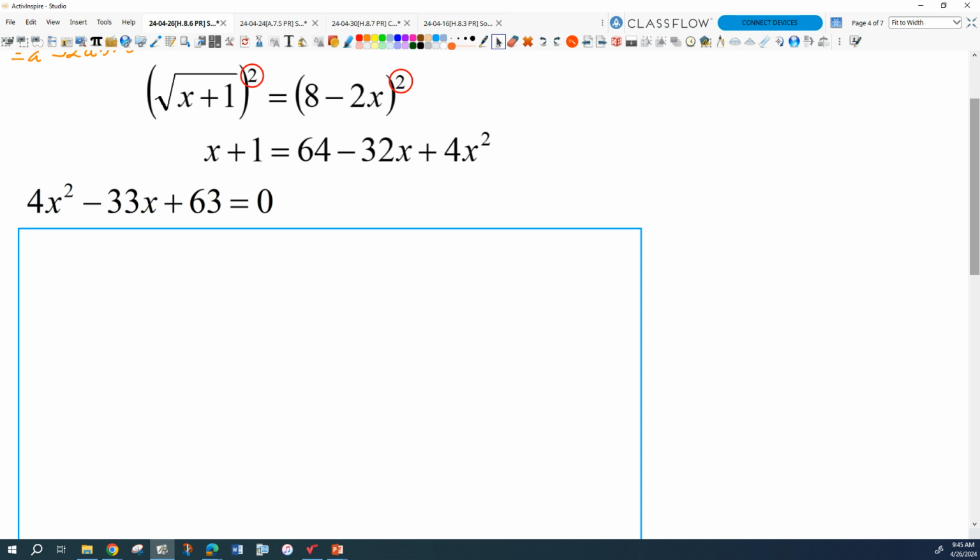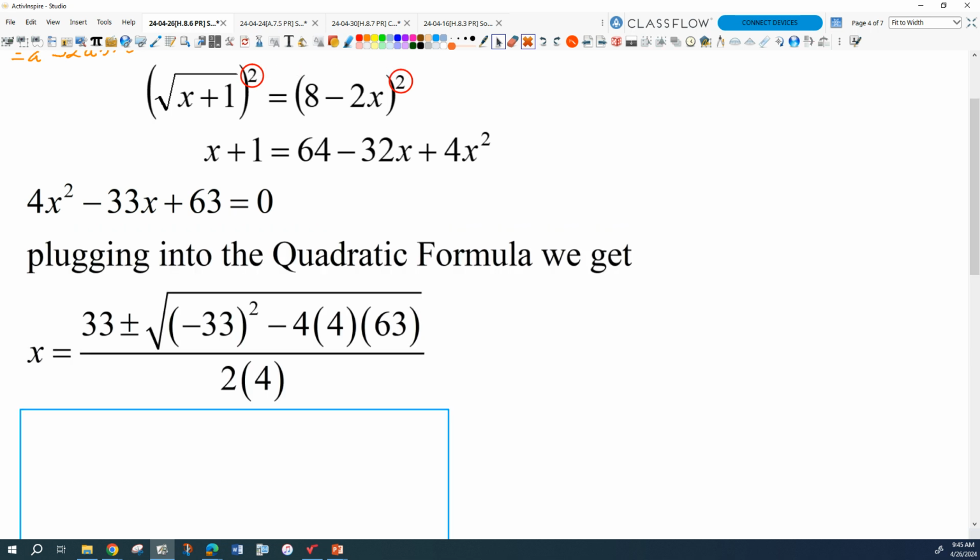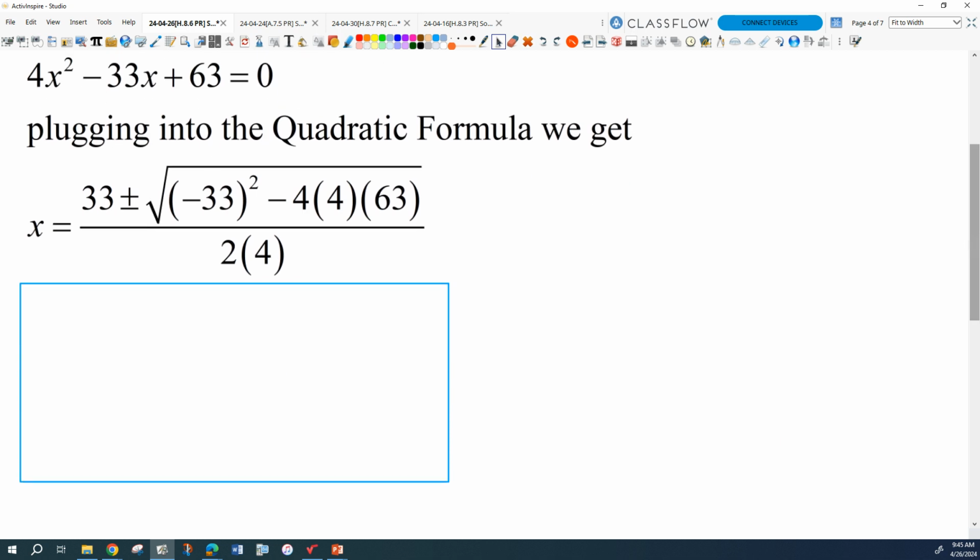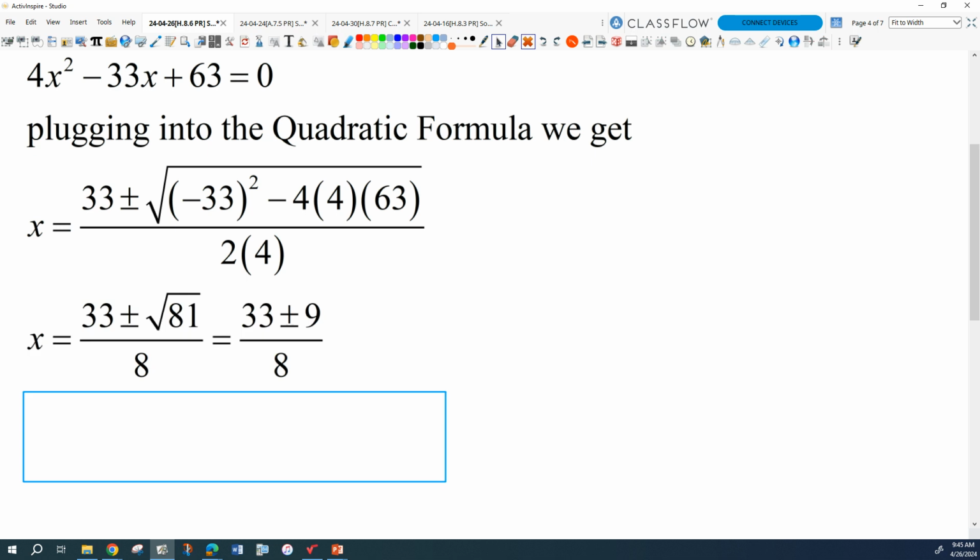Then what's left over would be a simple basic trinomial that might factor very easily, in which case we would try to factor it, but we can't. We're stuck with that 4 out front. So we're just going to plug into the quadratic formula. And what would we get here? Some big number, right? If we do all that, we won't take the time to calculate it.